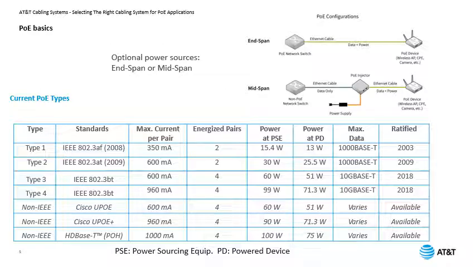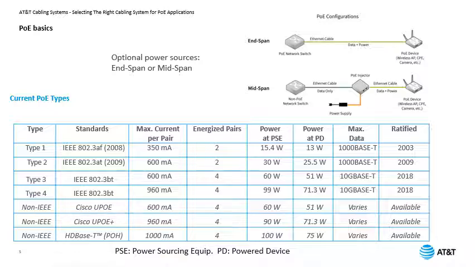Let us have a look on POE Basics. On the right hand, you can see there are two configurations of POE. The top one is using POE network switch, and the POE device will get the power through the Ethernet cable, while the other option is using something called mid-span.